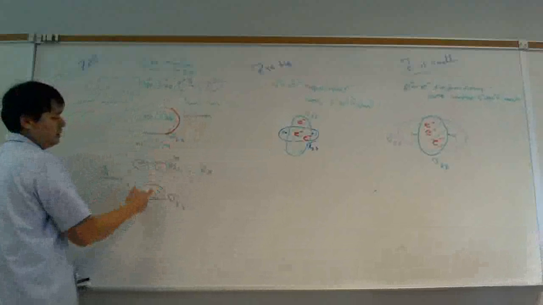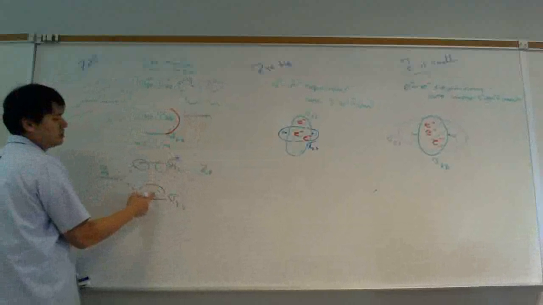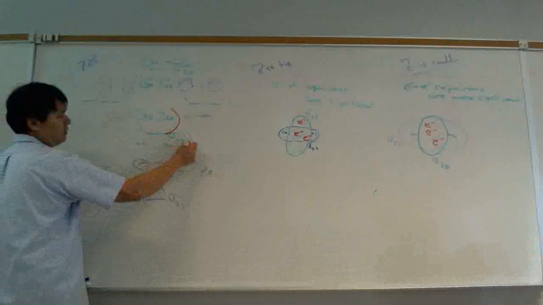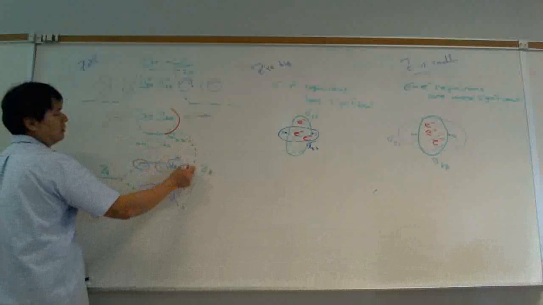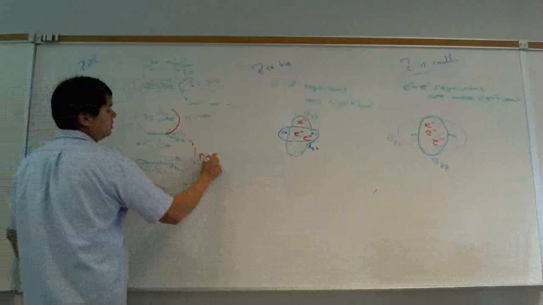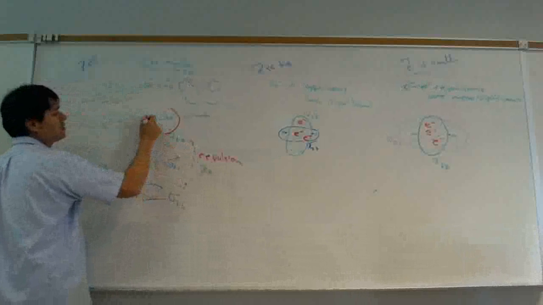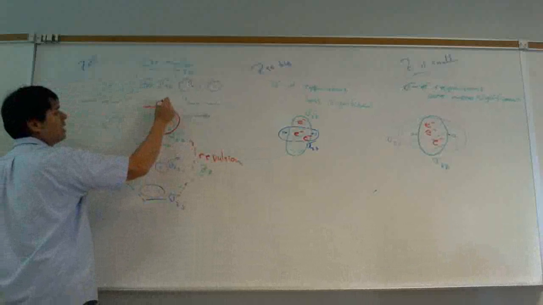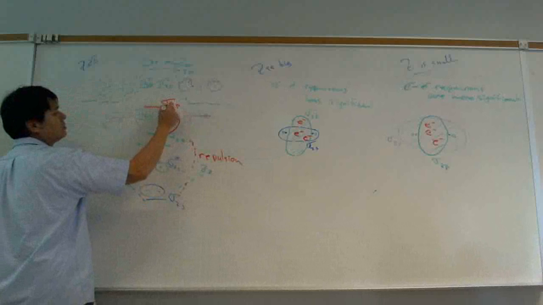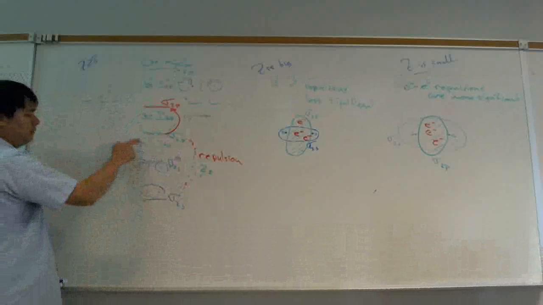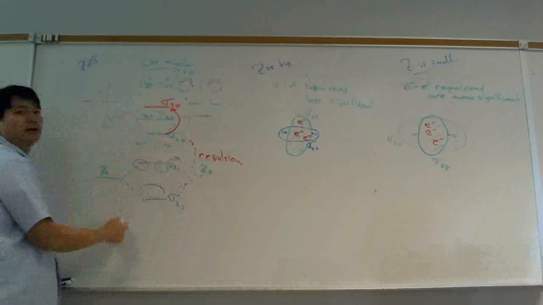The sigma 2p electrons and the sigma 2s electrons interfere with each other here. Repulsion. And what that does is it destabilizes the sigma 2p and puts it higher in energy. So the sigma 2p gets popped up in energy because of the repulsions between the 2p and the 2s.